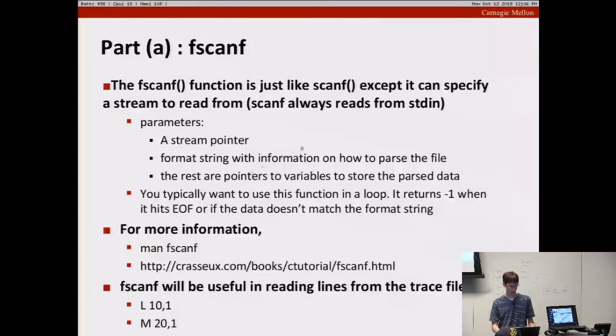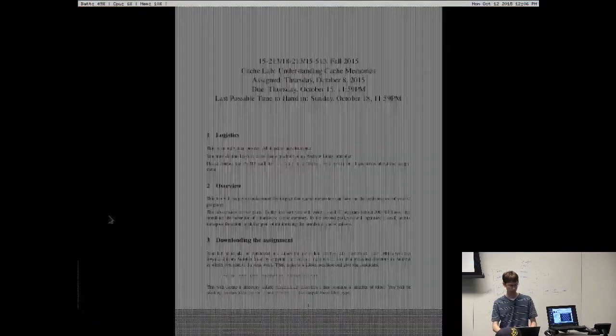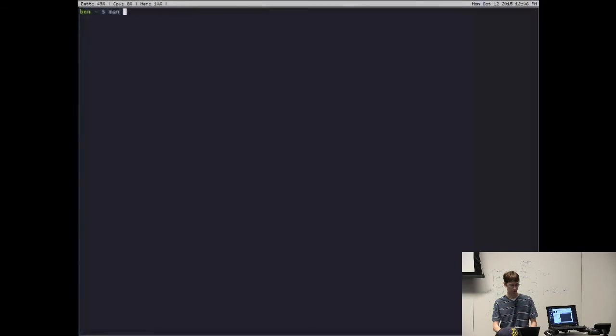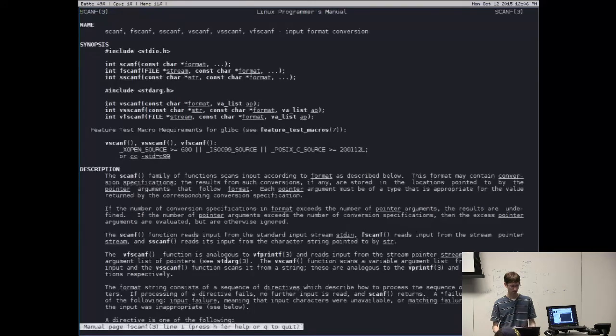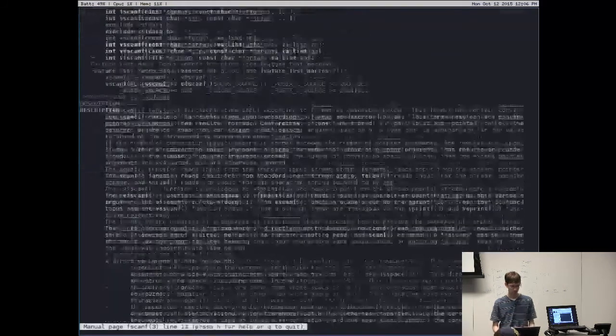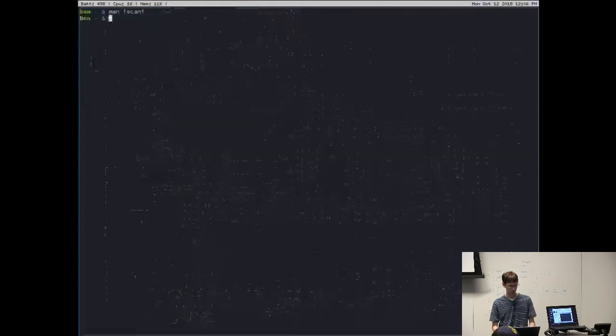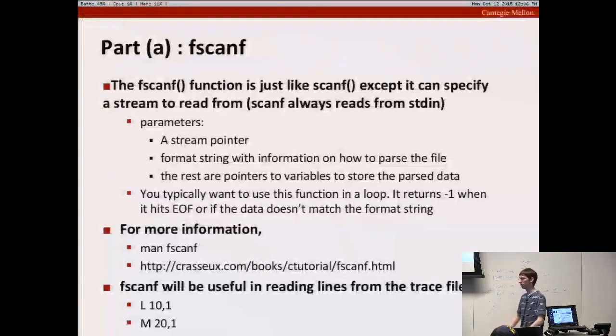In the same way that we did man on getopt, we can man fscanf, and it will tell us all about how to use it. This will be useful because you have a file that's telling you what the cache should be doing: access this address, access that address, write to this address, write to that address. And this will be the way that you get that information into your program so that your cache simulator can use it.